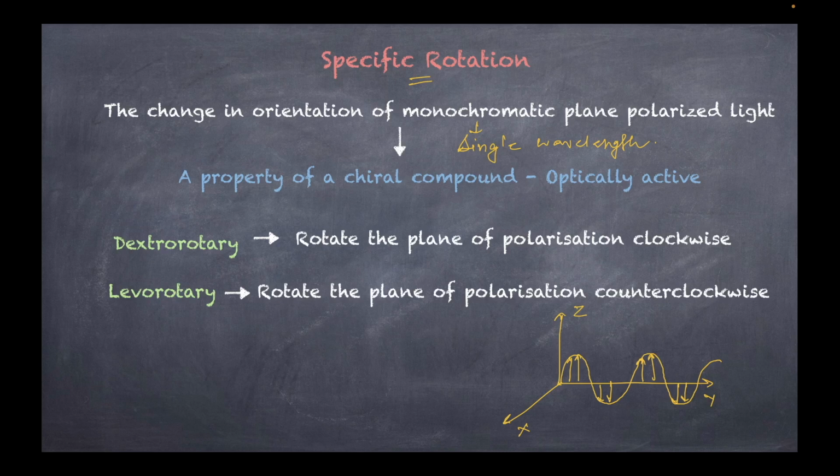This rotation of the plane of polarization is a property of chiral compounds, so we call a chiral compound optically active. This rotation can be of two types: dextrorotatory and levorotatory. Dextrorotatory means the sample rotates the plane of polarization in the clockwise direction, and levorotatory means it rotates the plane in the counterclockwise direction.